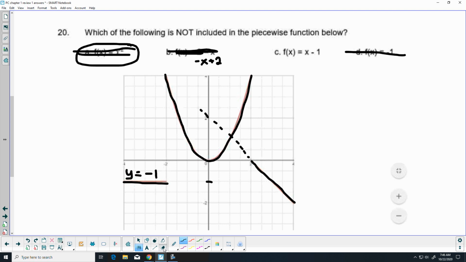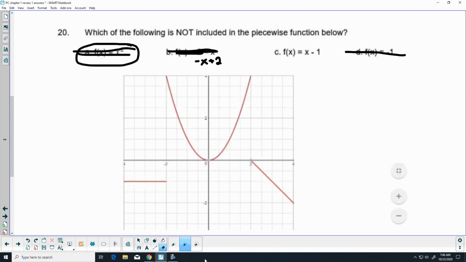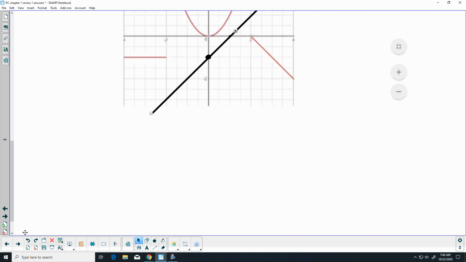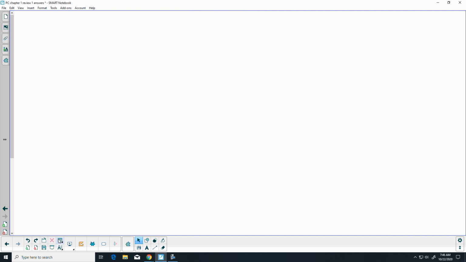So which one is not included? It would be x minus 1. And if I wanted to, I could graph x minus 1, y-intercept of -1, slope of 1. That is not included whatsoever on here. Okay? So don't overthink this one. All right. Enjoy.